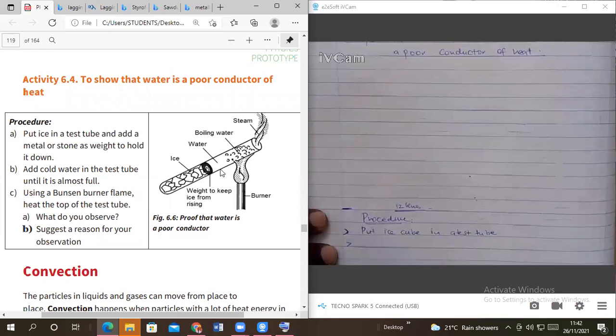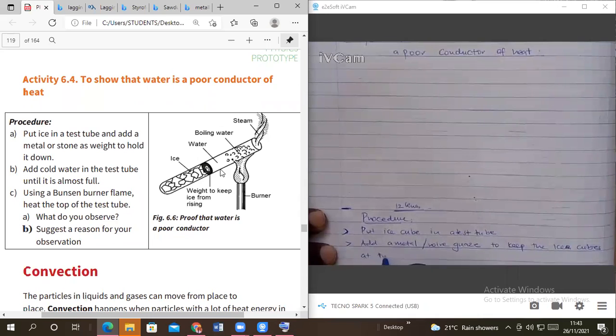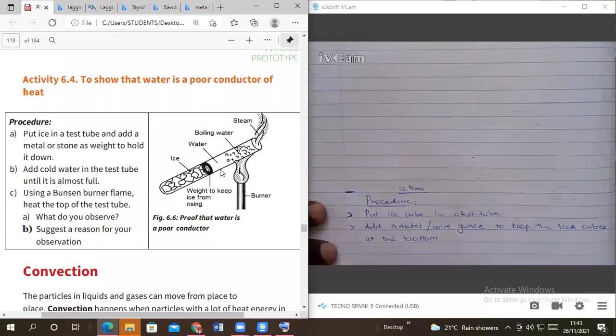Then the second thing is add a metal wire gauze to keep the ice cubes at the bottom. Okay. Then add cold water to the test tube.